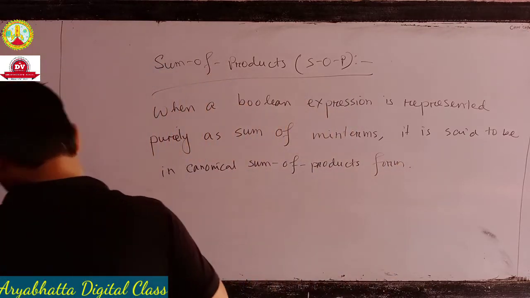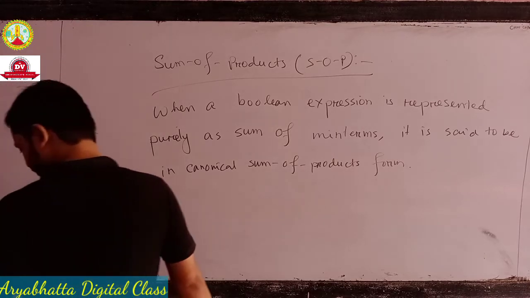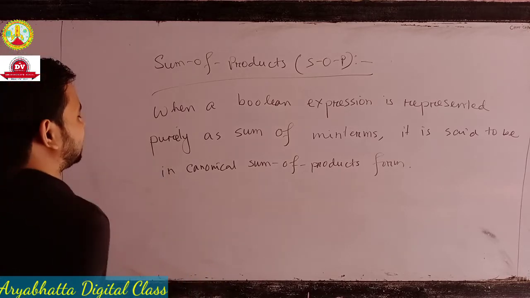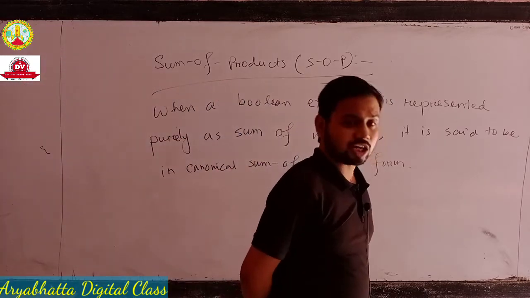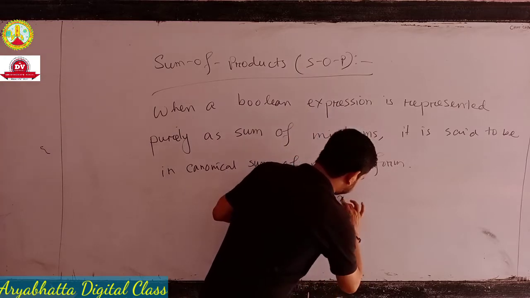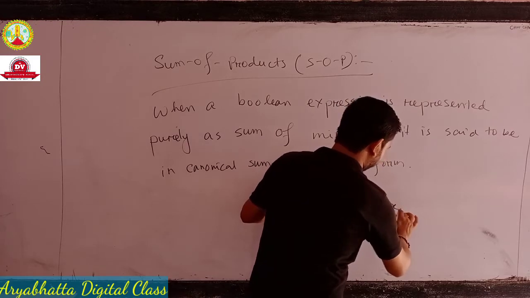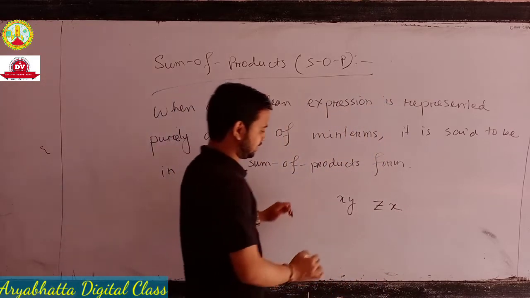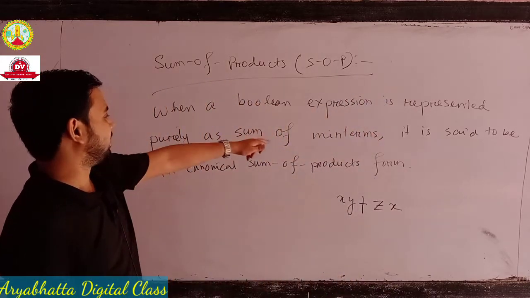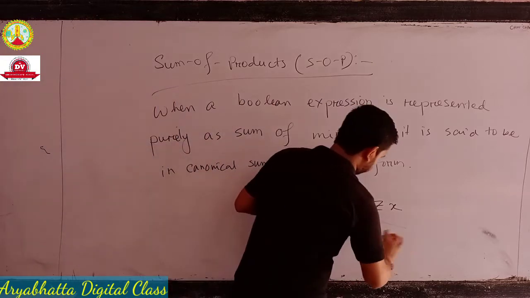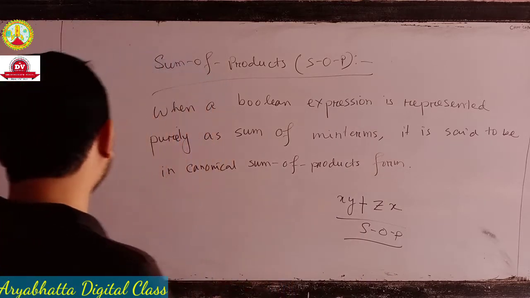When a Boolean expression is represented purely as a sum of minterms, and a minterm is a product of literals, suppose x y is a minterm, z x is a minterm, and when it is a sum of these minterms, it is called sum of product, SOP. That's a very easy concept, right?